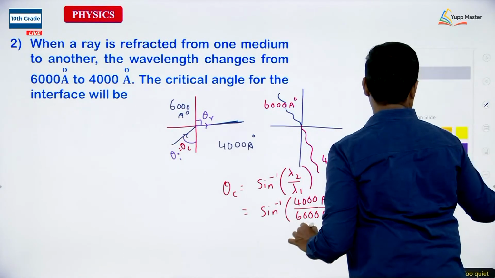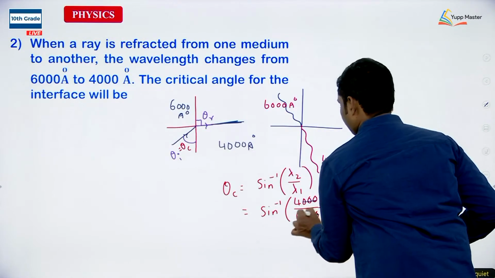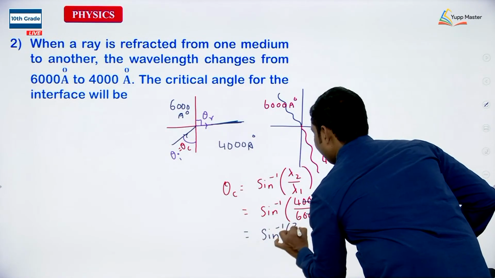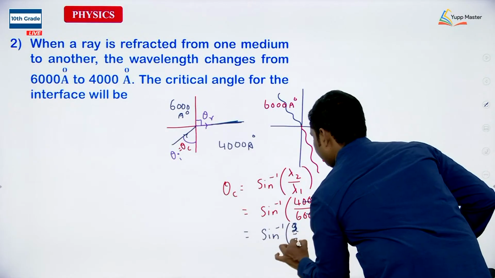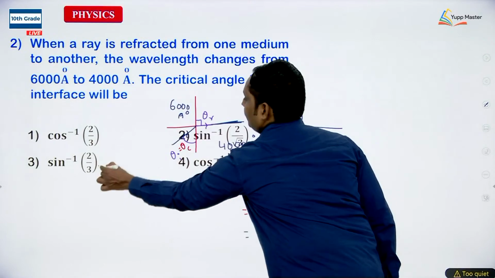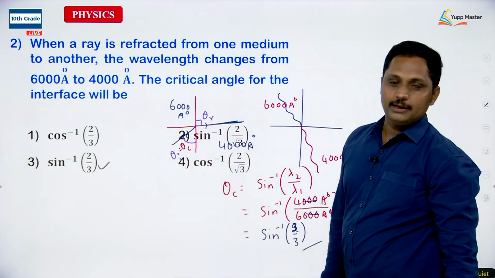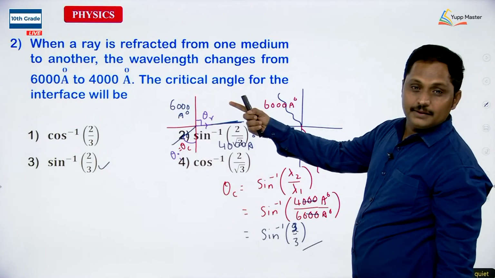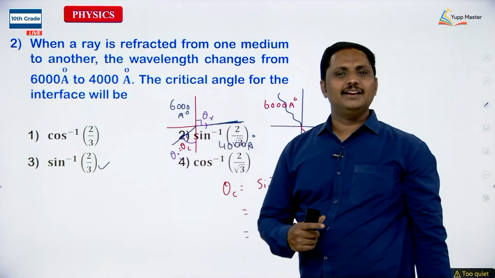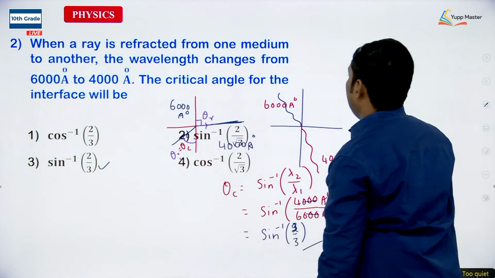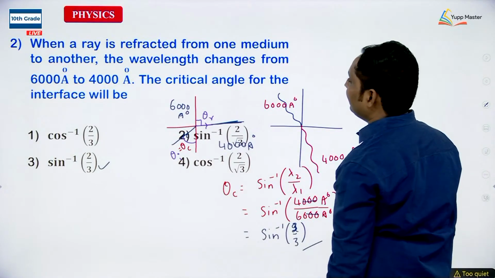Now you can cancel the terms, that is sin inverse 2 by 3. Yes, this is the answer. We can easily find that. This is a simple problem, but by knowing the relation between the critical angle and the refractive index, we can easily solve it. Okay, let us go for another one.